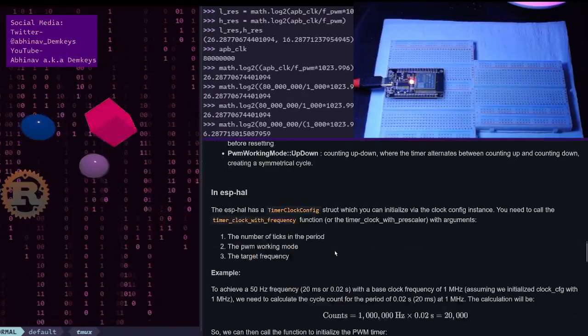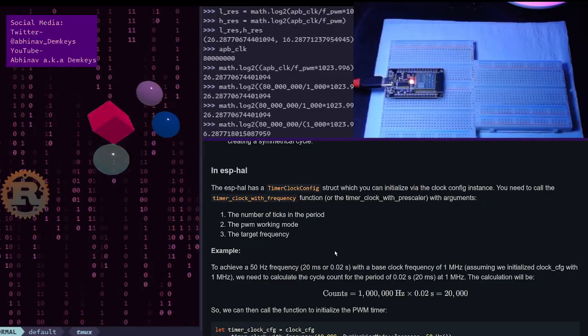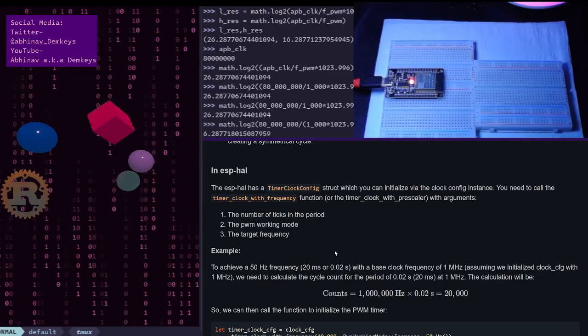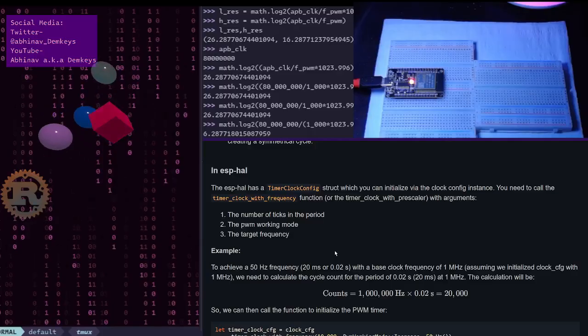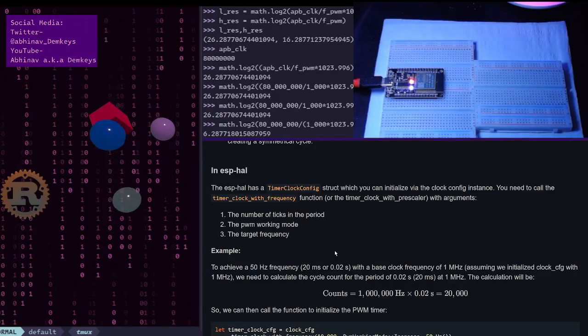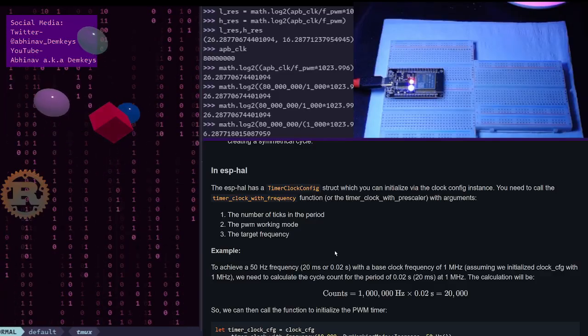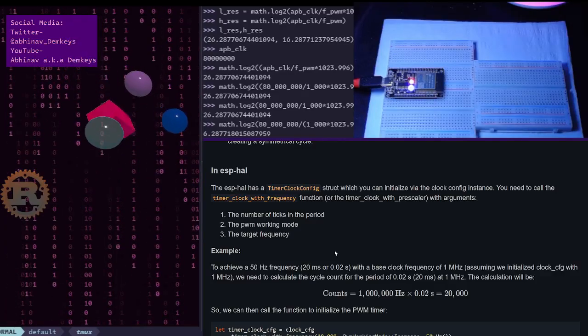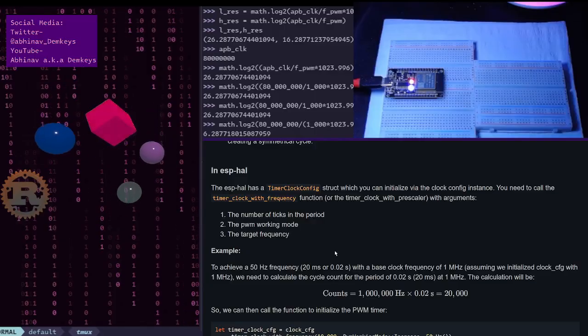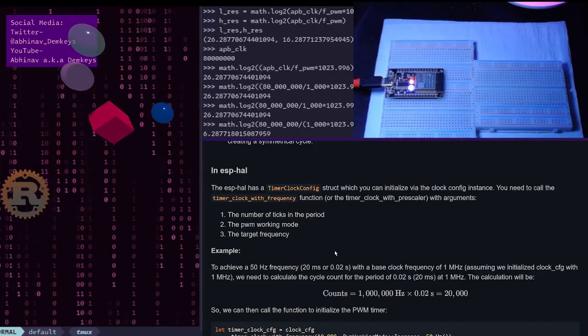Then in ESP-HAL, there's a timer clock config struct, which you can initialize via the clock config instance. You need to call the timer clock with frequency function or the timer clock with prescaler function with arguments: number of ticks in the period, the PWM working mode, and the target frequency.